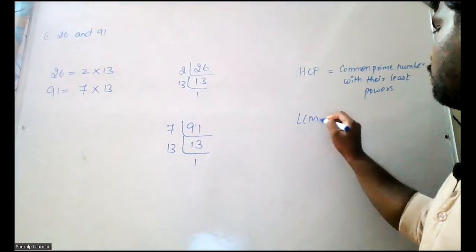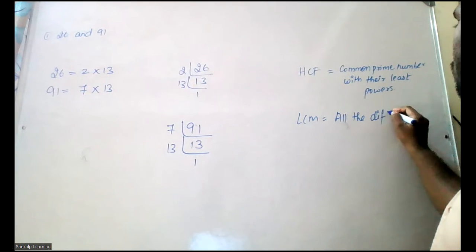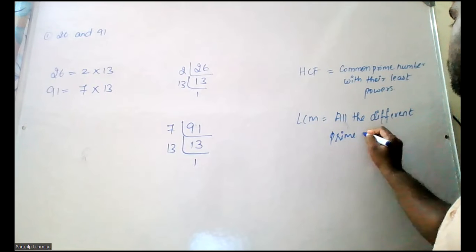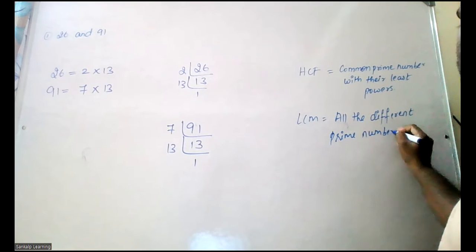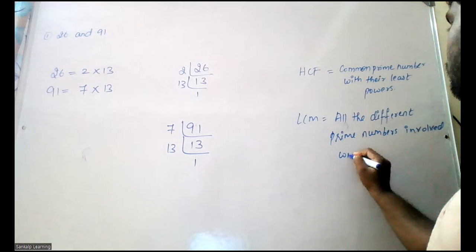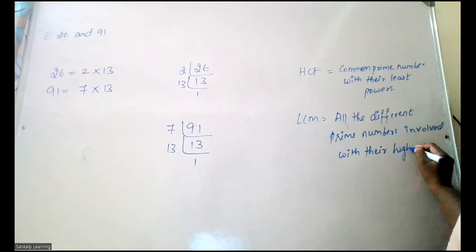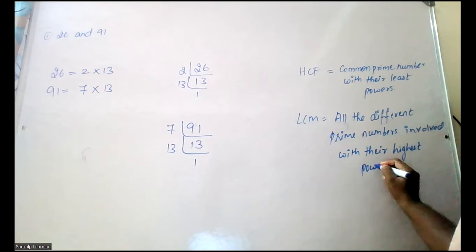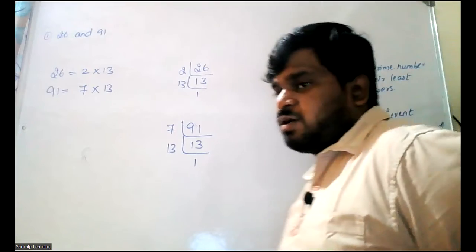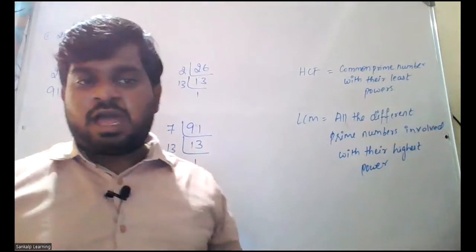So LCM will be all the different prime numbers involved with their highest powers. So for HCF it is the least power, for LCM it is the highest power, the opposite. For HCF we have to take the least powers, for LCM you have to take the highest power.